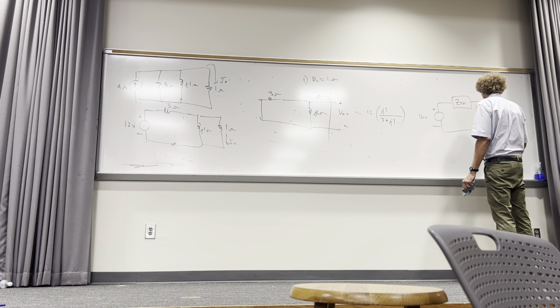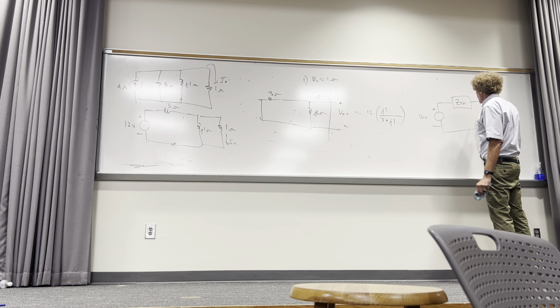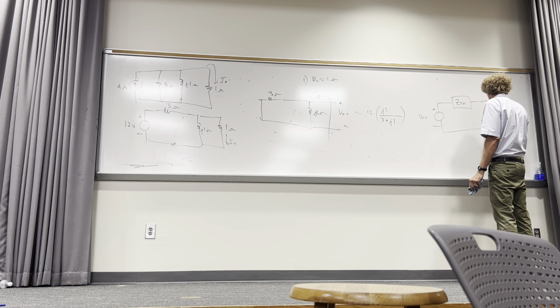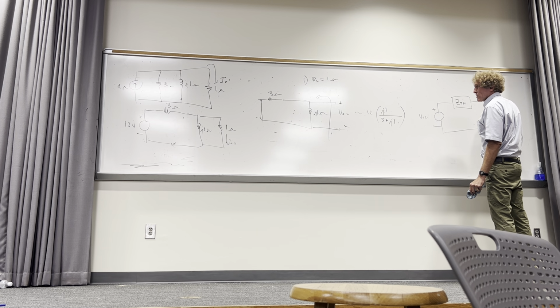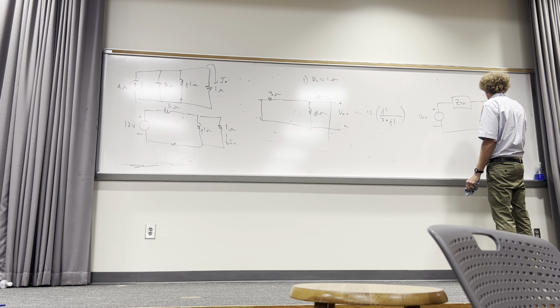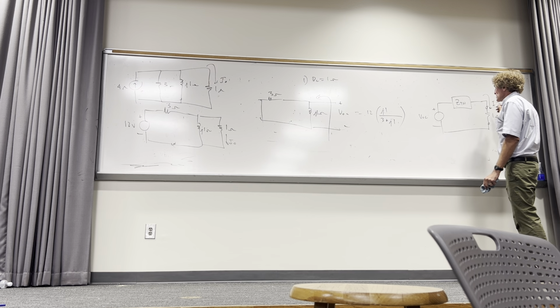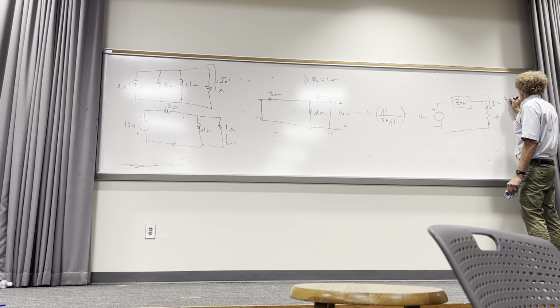And then you simply attach your load, which is 1 ohm. And what they wanted was the current here, right? So that current would just be VOC over Z Thevenin plus 1 ohm.